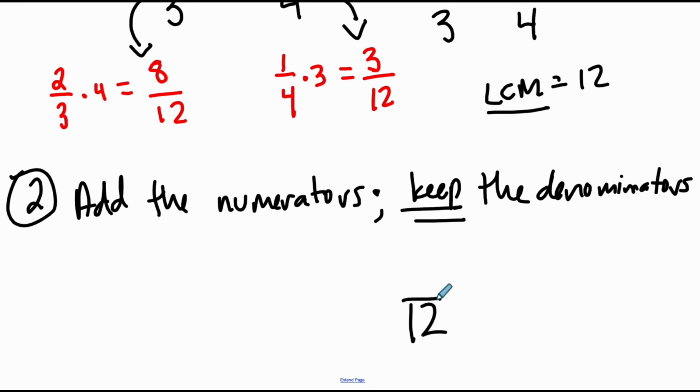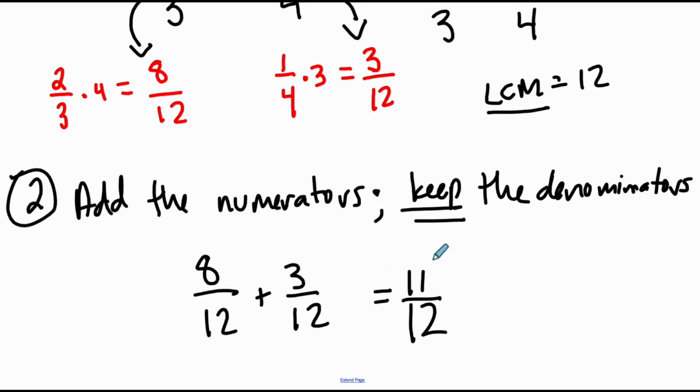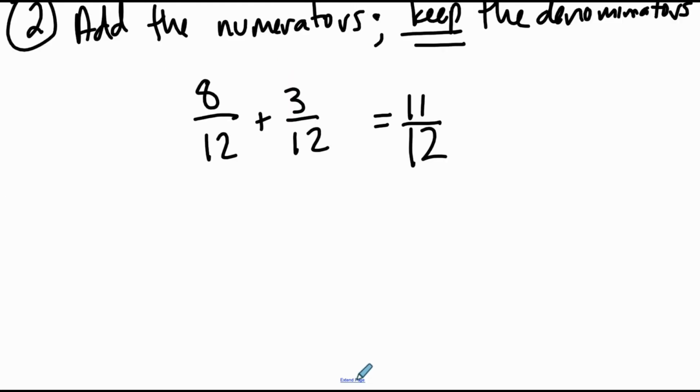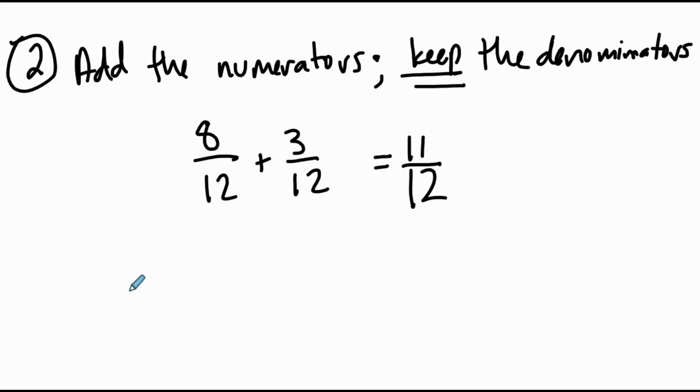So the denominator stays the same. You're not adding or subtracting those. The only thing you're adding is the amounts on top, the numerators. 8/12 plus 3/12. 8 plus 3 is 11. So 11/12.